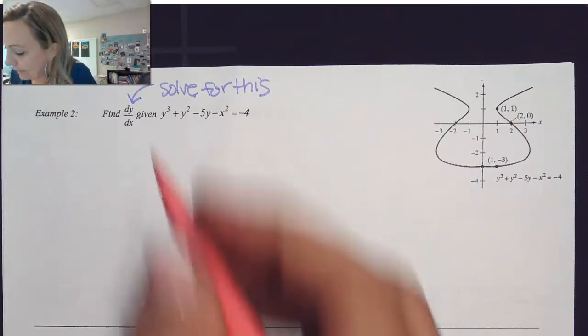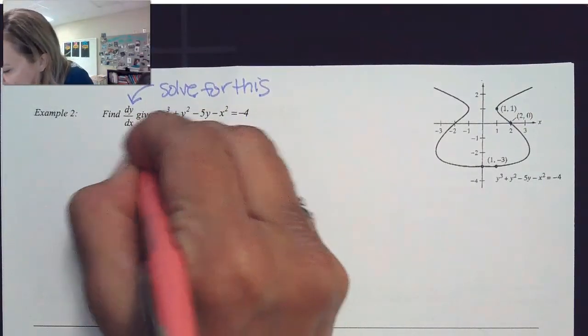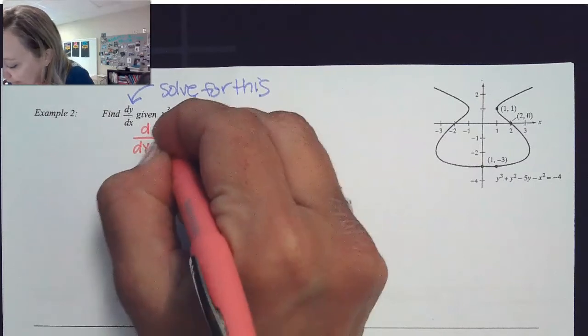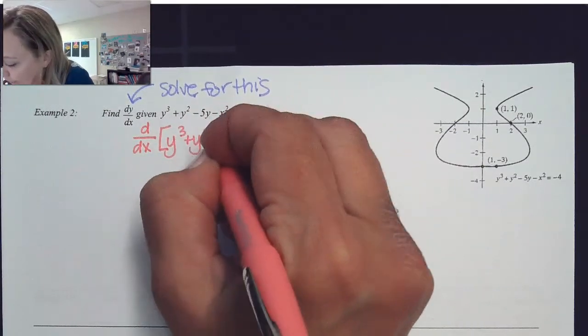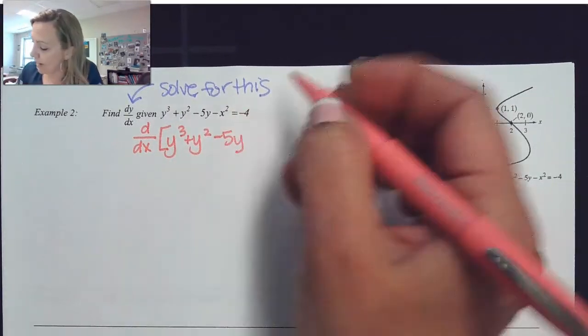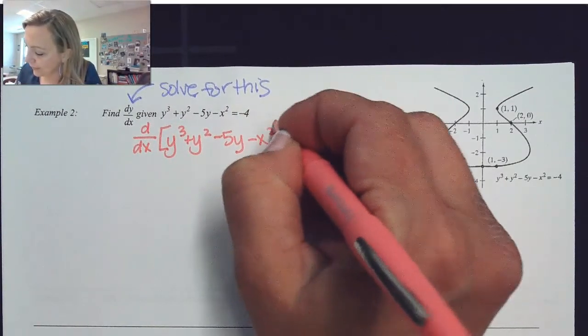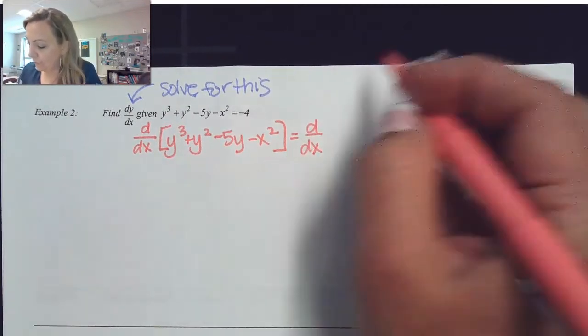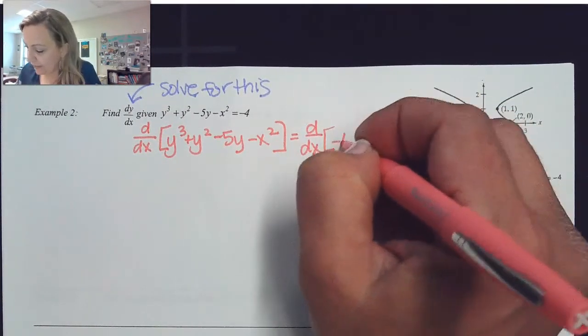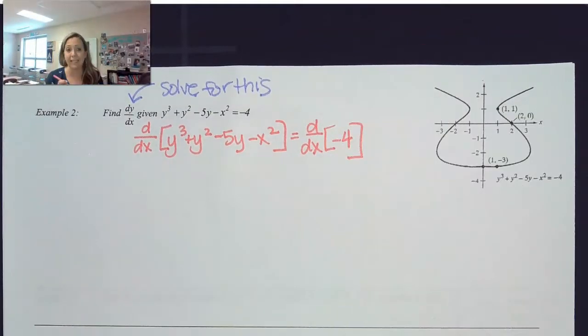Again, you know me, I'm going to be a little dramatic. So I'm going to take the derivative with respect to x of y cubed plus y squared minus 5y minus x squared, and the same thing over here, the derivative with respect to x of -4. So I'm taking the derivative with respect to x of both sides.